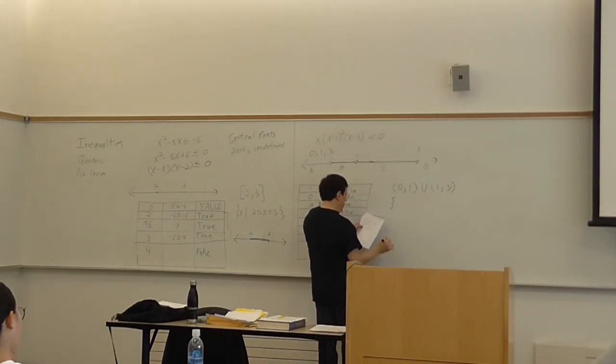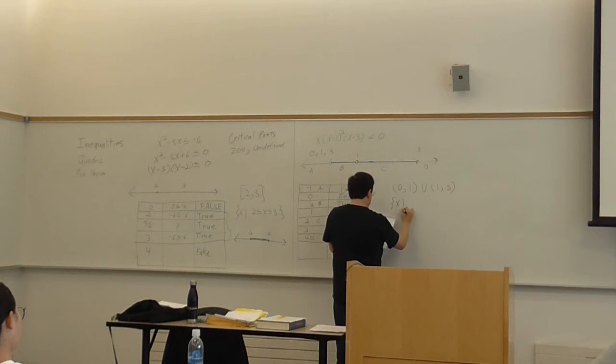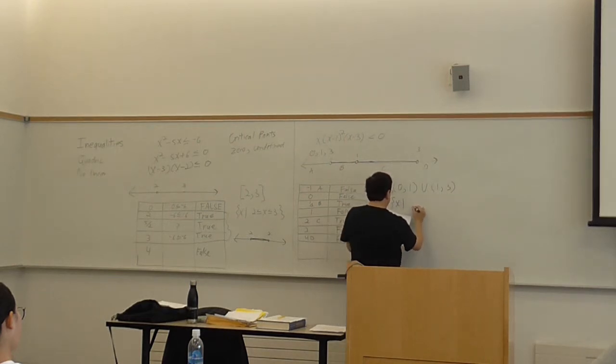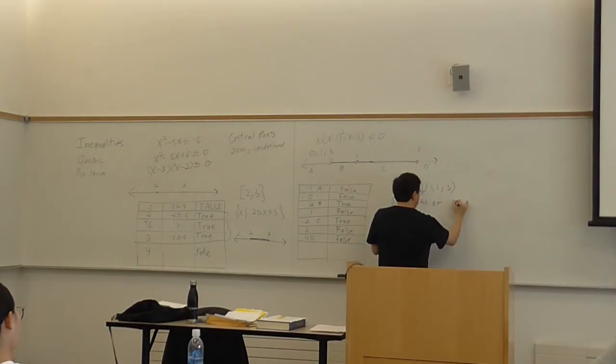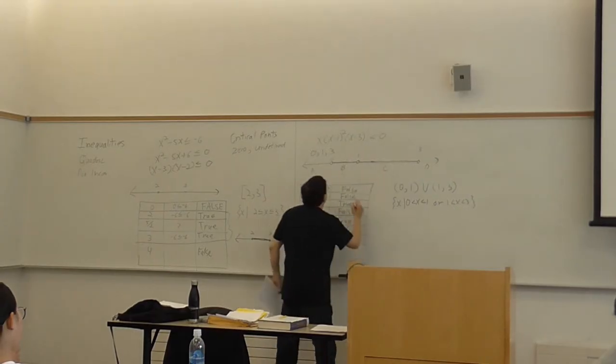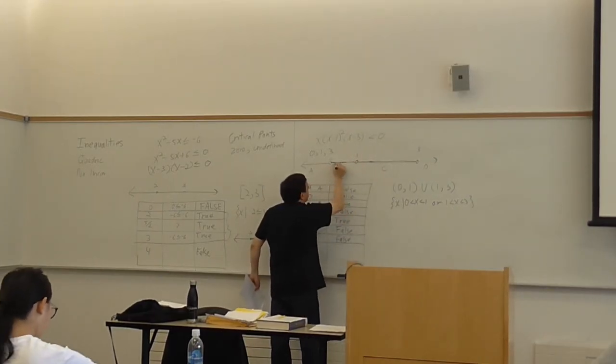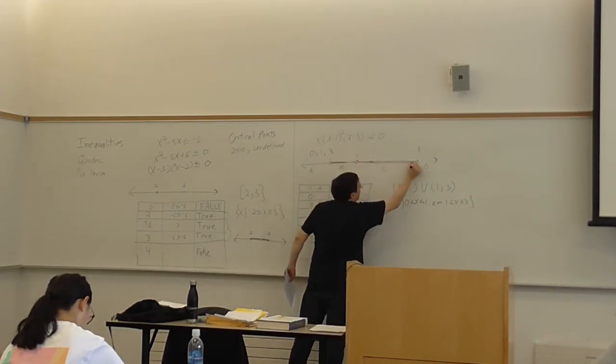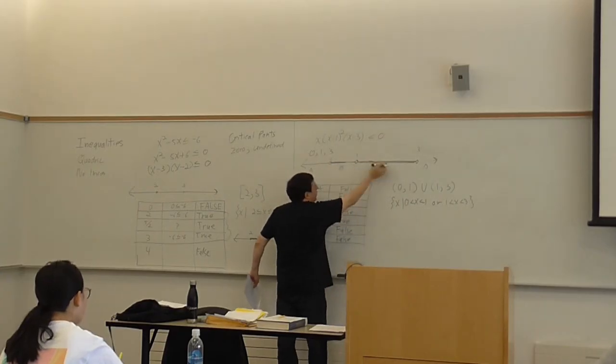Which again I could write as x such that x is less than 1 and greater than 0, or x is greater than 1 or less than 3. And again, my graph is going to look like this. There are 3 points missing, and then there are these 2 open intervals.